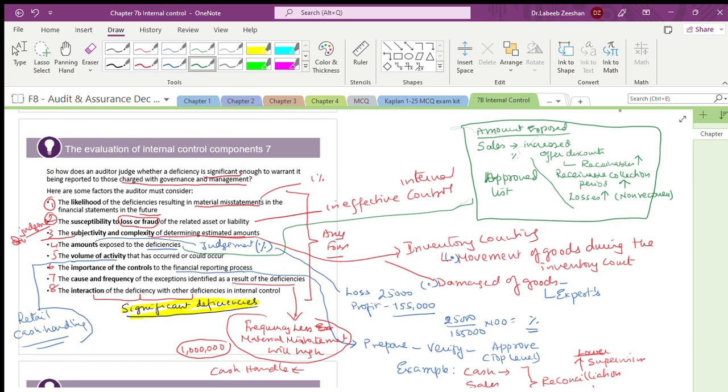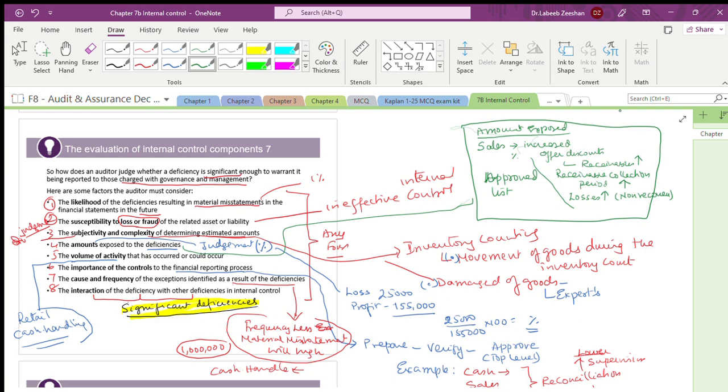As an auditor, whenever you are getting the evidence with respect to sales and receivables, it is there in one of the questions, more than one question. The auditor should verify that credit is given only to those people who are in the approved list, so that the amount exposed to the deficiencies should be less.